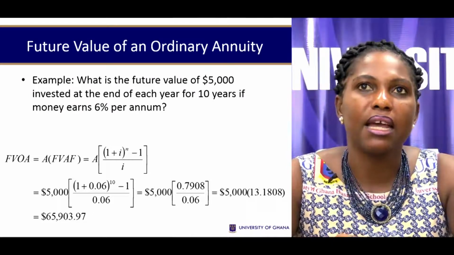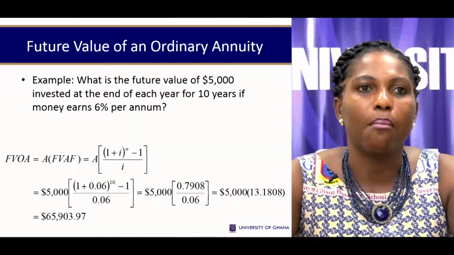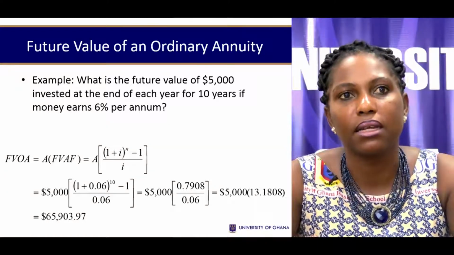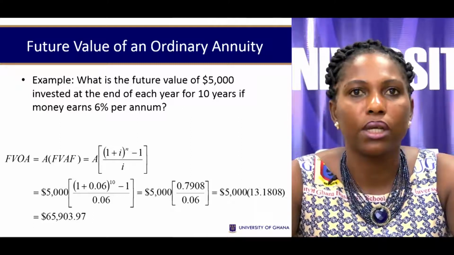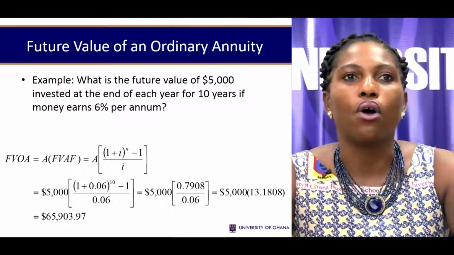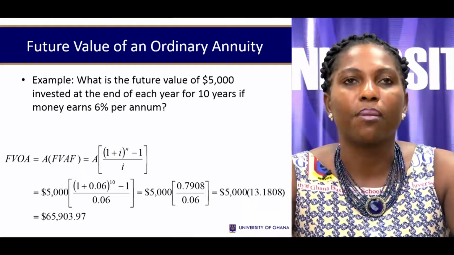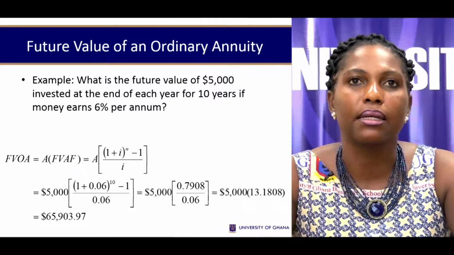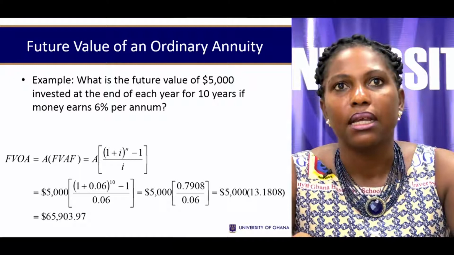It means at the end of 10 years, 5,000 earning 6% will amount to 65,903, and that is quite a substantial amount. So in case you have any vacation you plan to embark on and you want to save periodically towards this, this is one formula that is handy for computing such needs.